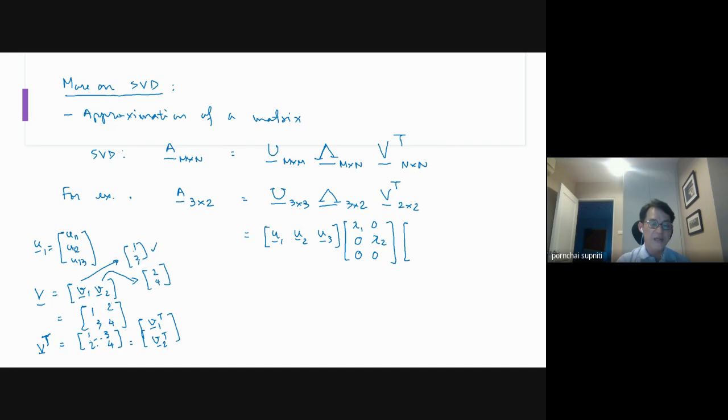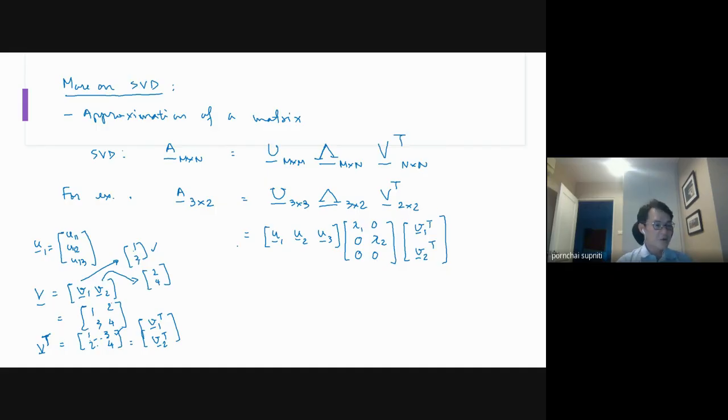From 1, 3 as a column vector, it becomes a row vector. So this is V1 transpose, and then V2 transpose. So we can write it like this in general.